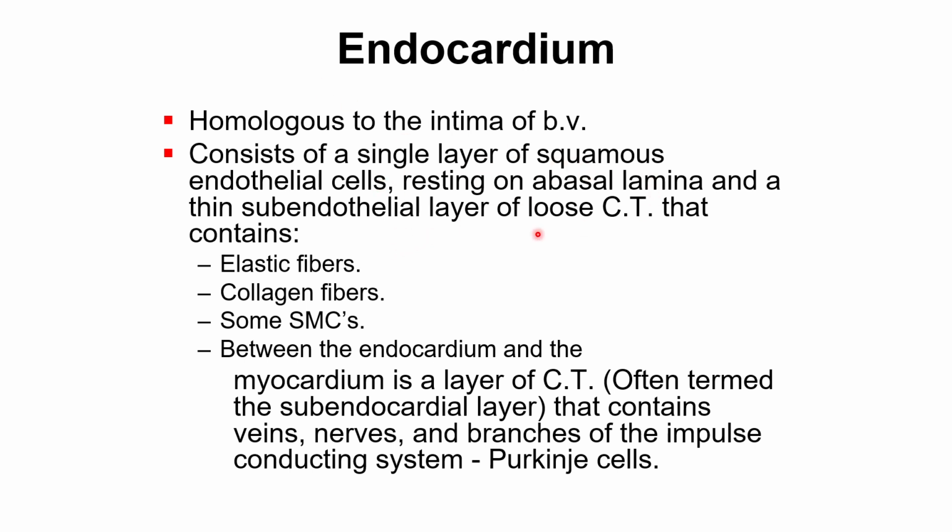It consists of a single layer of squamous endothelial cells resting on a basal lamina with subendothelial connective tissue, which plays quite an important role here, because within this layer, which contains some elastic fibers, some collagen fibers, some very rare smooth muscle cells, we have what we call the subendocardial layer, which contains the Purkinje fibers, the conducting system of the heart, along with some nerves and veins.